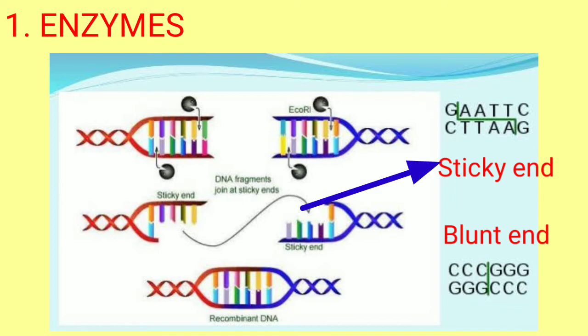So here you can see EcoRI in the vector DNA. There it had cut at the position near G in one of the strands, and in the foreign DNA it had also cut at the same site, that is G from the 5 prime end, and there we find a zigzag, or you can say L-type, cutting in both the DNA materials. So the vector DNA is one DNA, and the foreign DNA is another DNA.